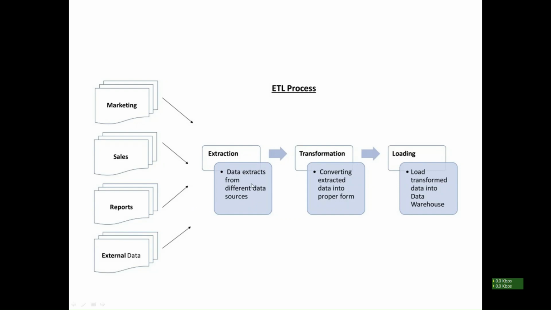Data is extracted from various sources and converted into a proper form. It is transformed into a proper form and loaded into a data warehouse, as we saw in the previous slide. From that it can be moved to data marts.